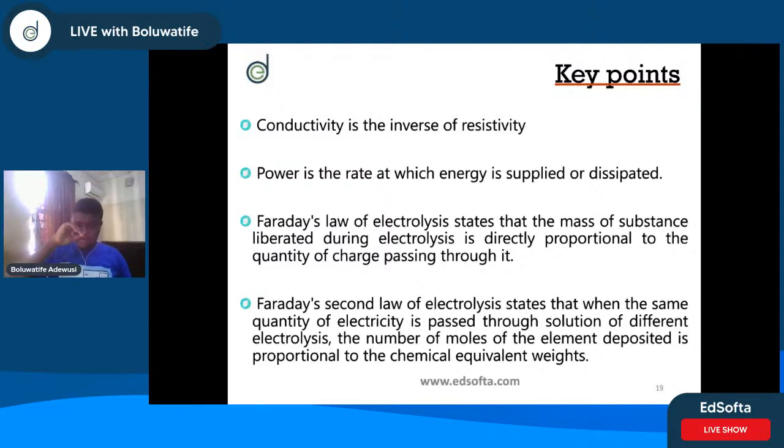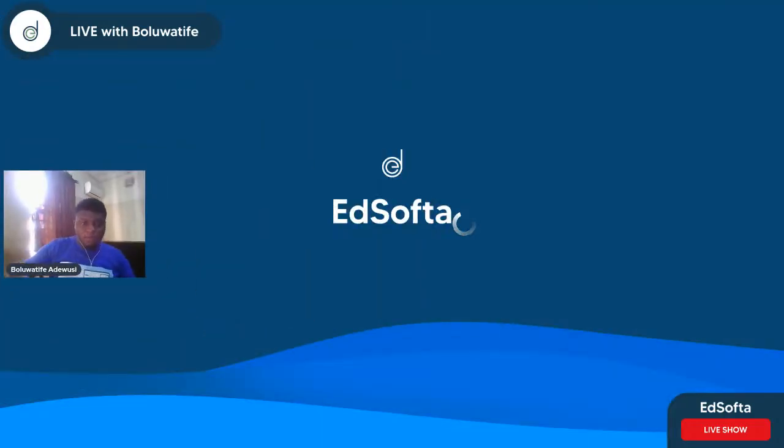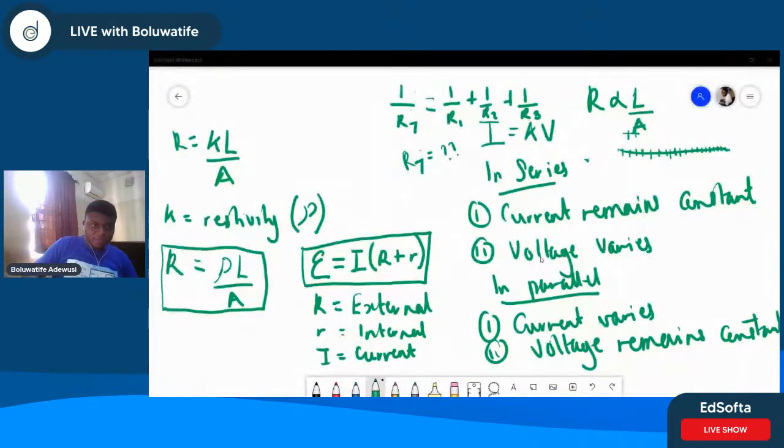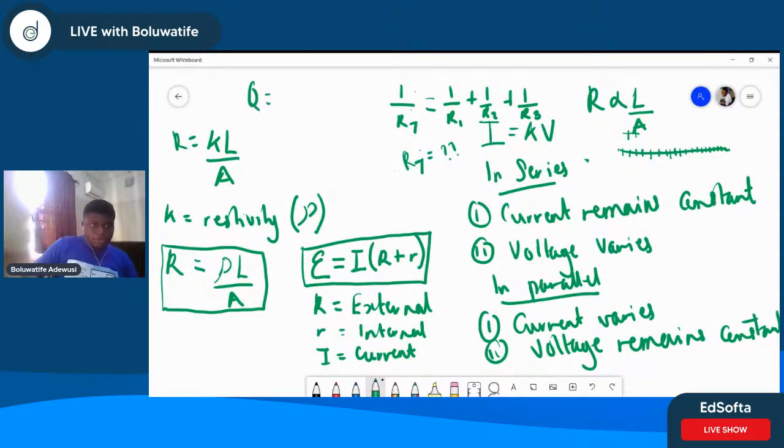Okay, so work done in electricity. Let me just open up my board. Work done in electricity is given by this formula: Q equals IVT.